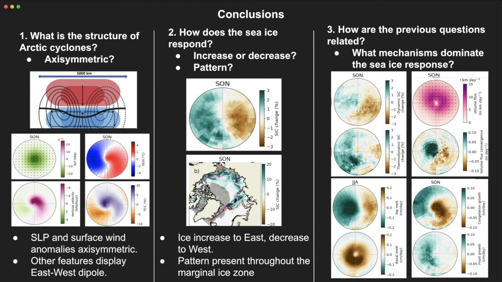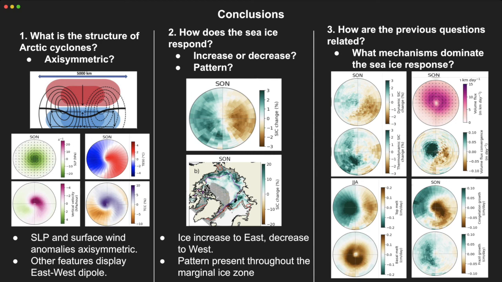This is kind of interesting to compare to a lot of other work, which is focused more on whether you get a gain or a loss of sea ice. We find that you get both. It depends on where you are relative to the cyclone, and this might help explain why we've had such a hard time pinning down the answer to whether you get increases or decreases in sea ice, as you've got two competing effects which could win out over each other on any given day.